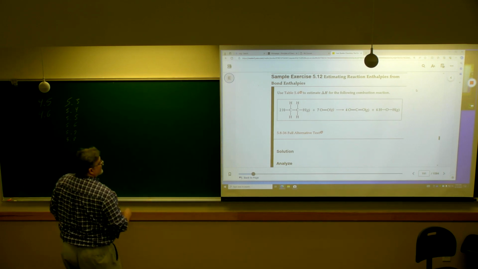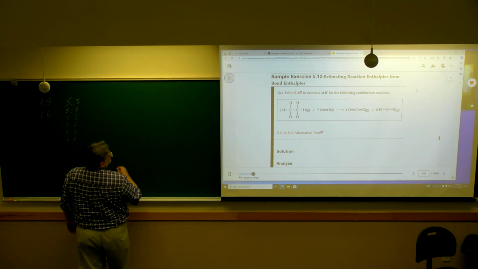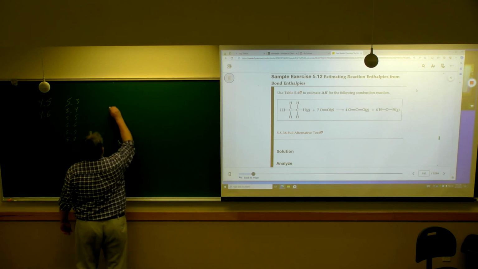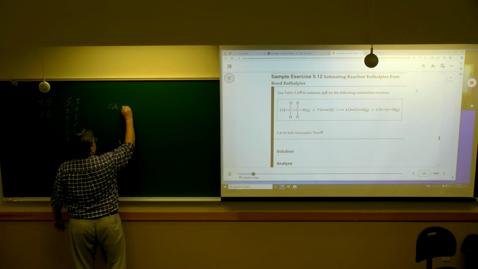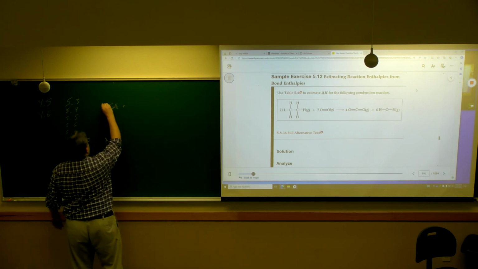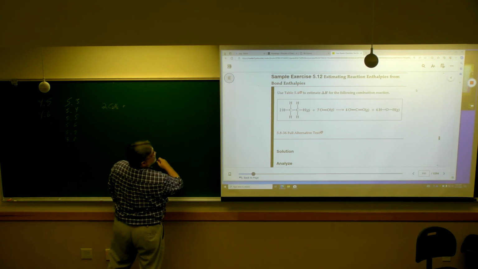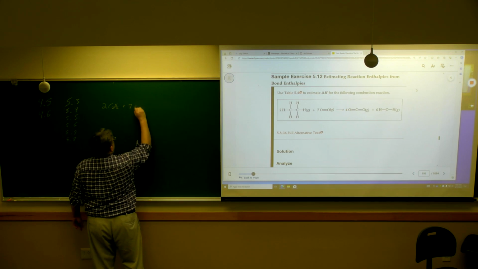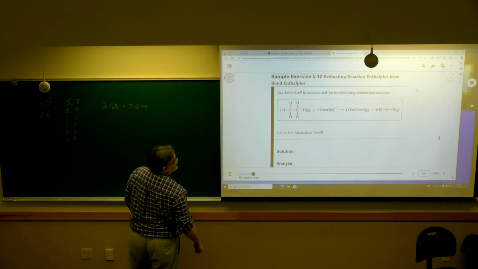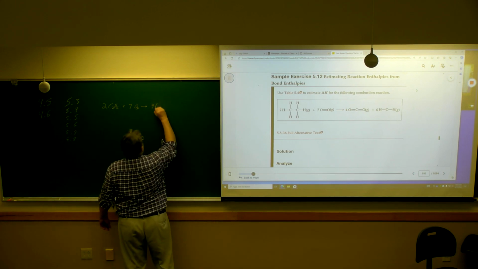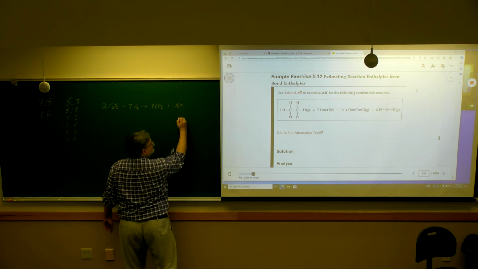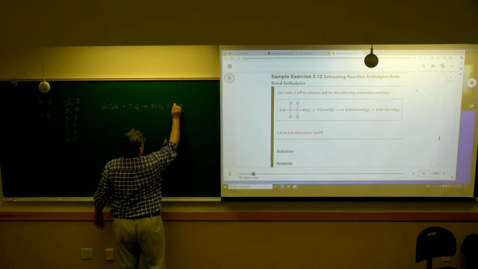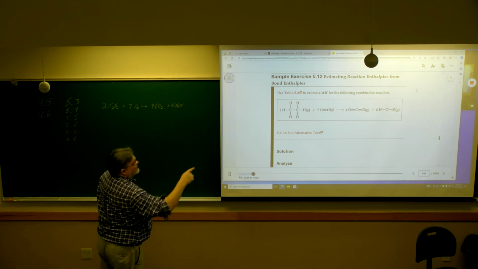That could also be written like this: 2 C2H6 plus 7 O2. So it's a combustion reaction. 4 CO2 plus 6 H2O. All right. But that's the better way to see it.